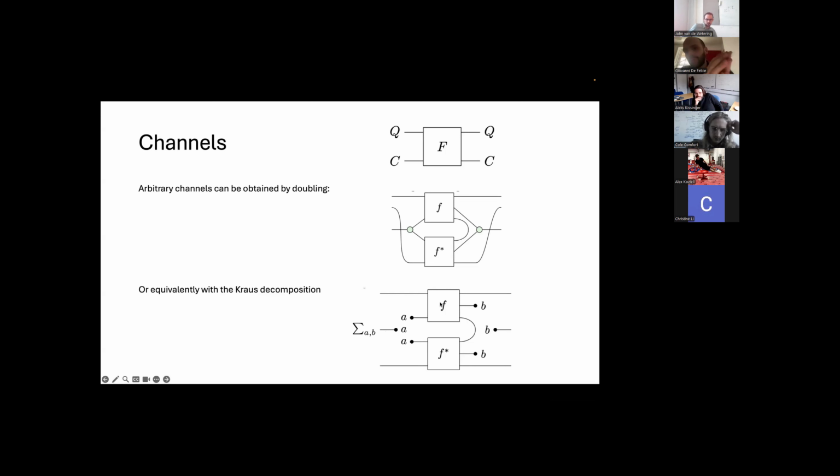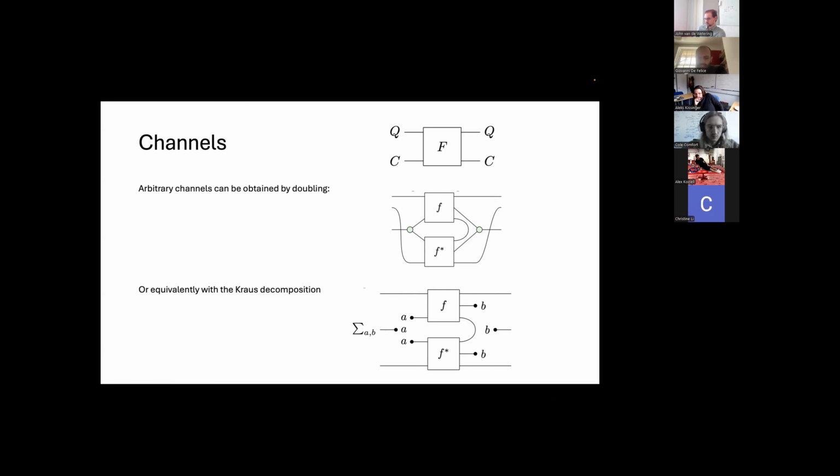So there is a difference between taking the superposition of little f's, summing the little f's and then doubling, and doubling and then doing a sum. The first one is a superposition sum, whereas the second is a mixing sum.